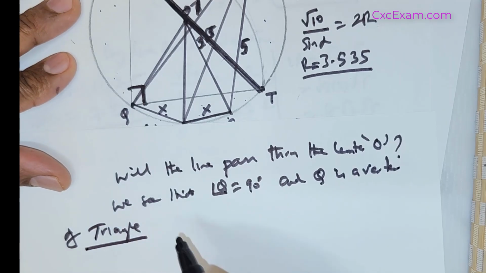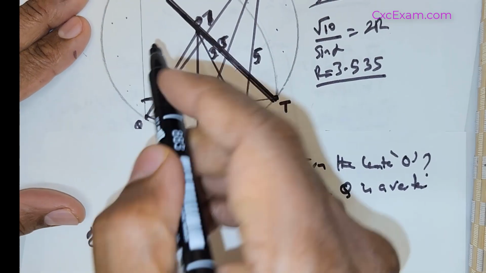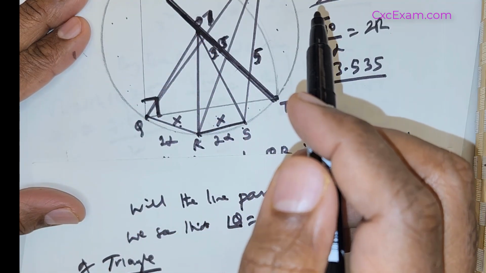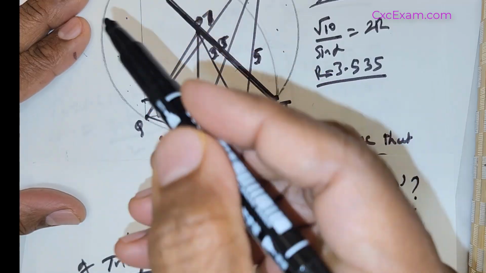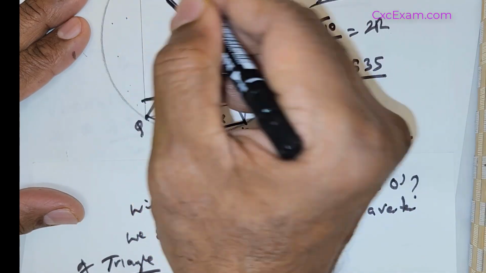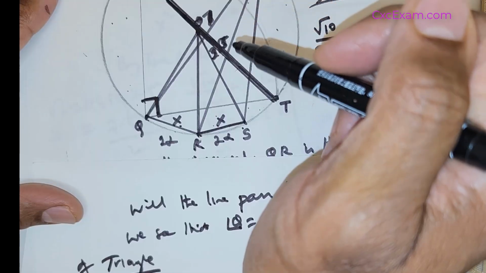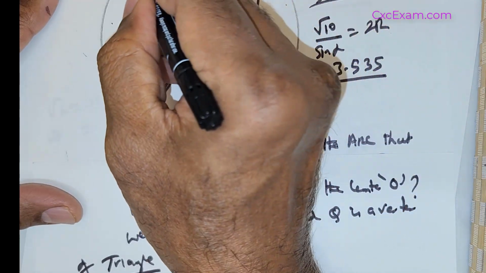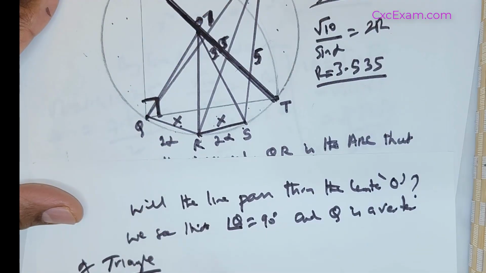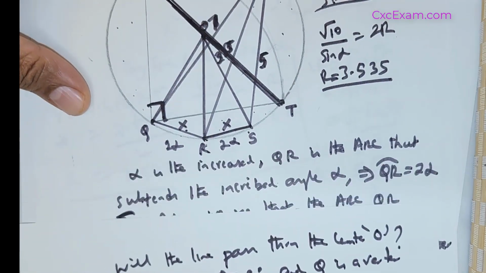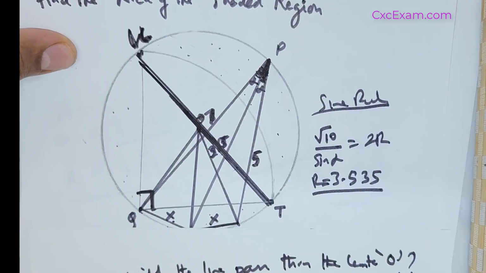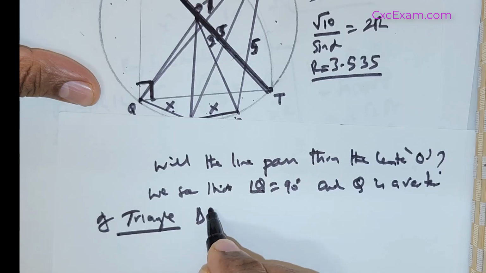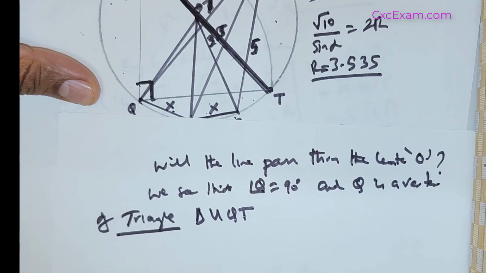Okay, so we have taken this as what point? P, Q, R, S, T, okay, U. We have taken this as U, right? The point is U. Q is the vertex of the triangle. What triangle is it? UQT.